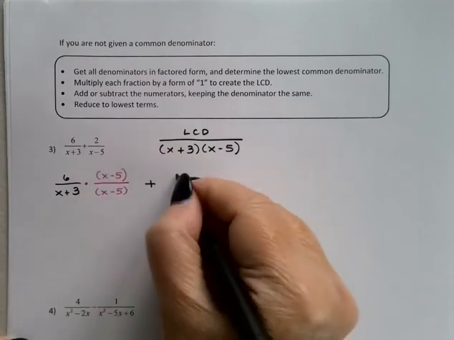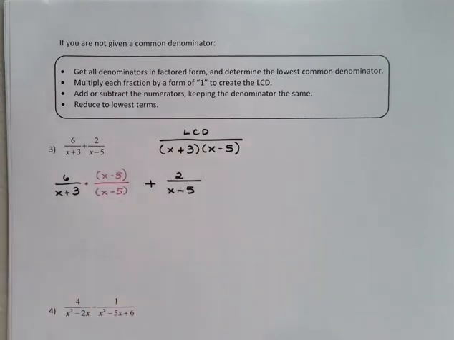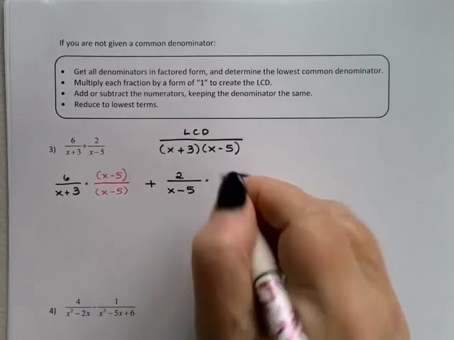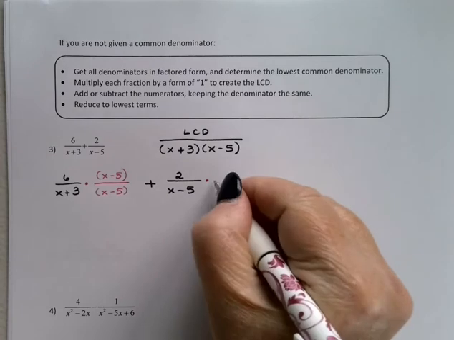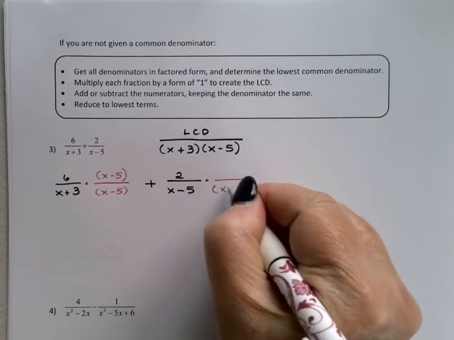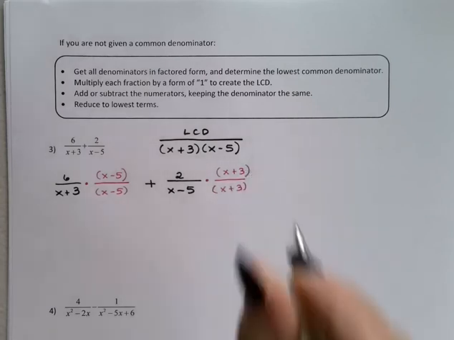Plus, my second fraction was 2 over x minus 5. And I do the same kind of analysis. What am I missing to get to this LCD? I'm missing the x plus 3. Always multiplying by the same thing, top and bottom.